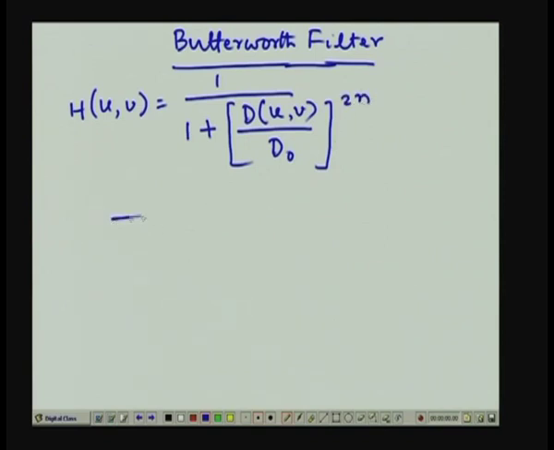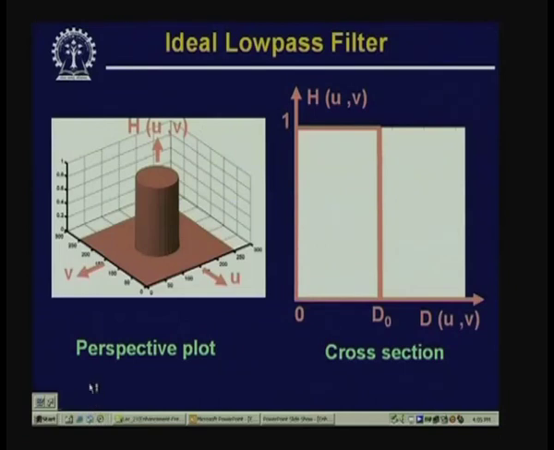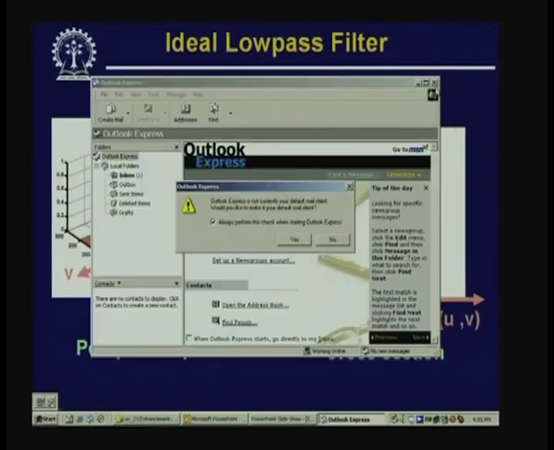So, this is a Butterworth filter of order n. The plot of such a Butterworth filter is shown here.